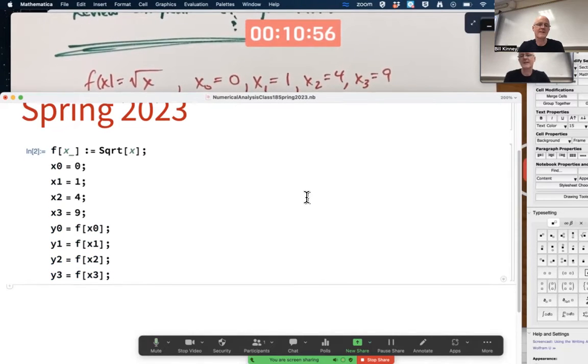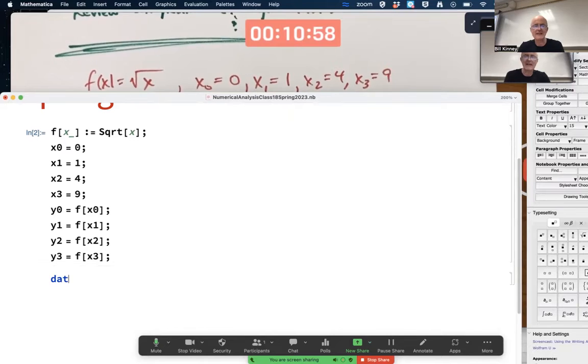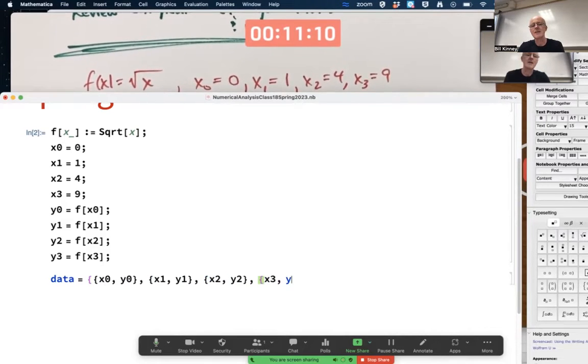I'm also going to create a data list, you might say, of these points, x0 comma y0, x1 comma y1, x2 comma y2, and x3 comma y3. This will be convenient for making plots and also for using some built-in functions in Mathematica that I haven't shown you before, but will be convenient for checking our work.